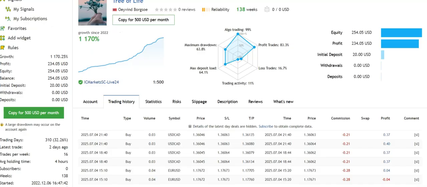For instance, here's one of the live accounts that they're tracking, their signal service. They claim that you can copy it for $500 a month. This is their high risk set, and they call those the presets, that actually it's programming the program. That's what a set file is. That's the best way that I can explain it. But it's up since 2022.